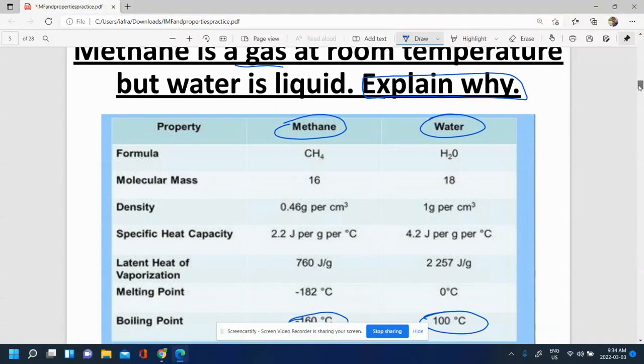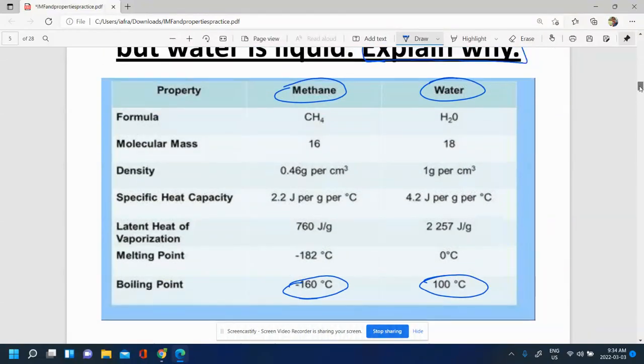And so the more you know, the more you'll know what not to look at. And then that will help you to hone in on what you need to focus on. So you'll notice that their molecular masses are very similar to each other. They're not very different in terms of size. Methane is CH4, water is H2O. Now, if you didn't know that, you don't really need to know it too much for this question, but it's provided to you here. CH4, H2O, not too different in terms of size.